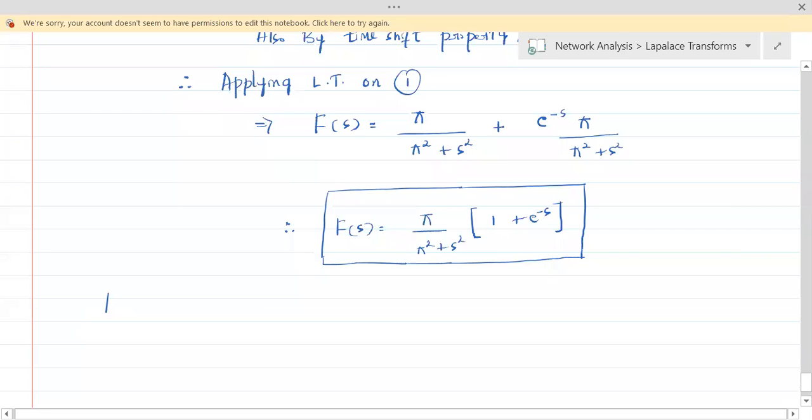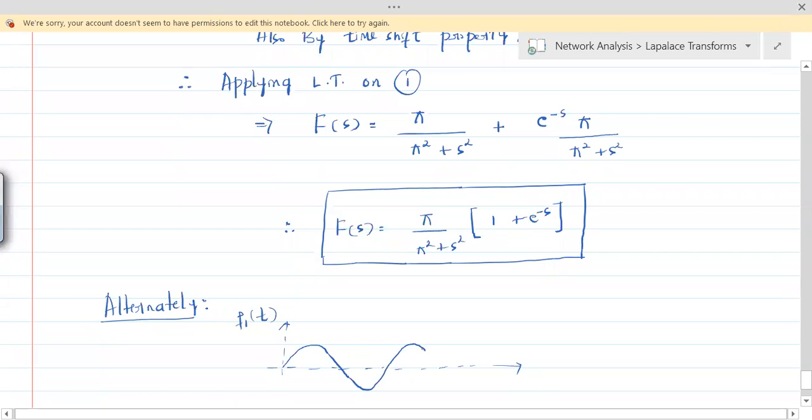Alternatively, what we can do is, see here, everybody, let's again consider f1 of t, and that is the sine signal.